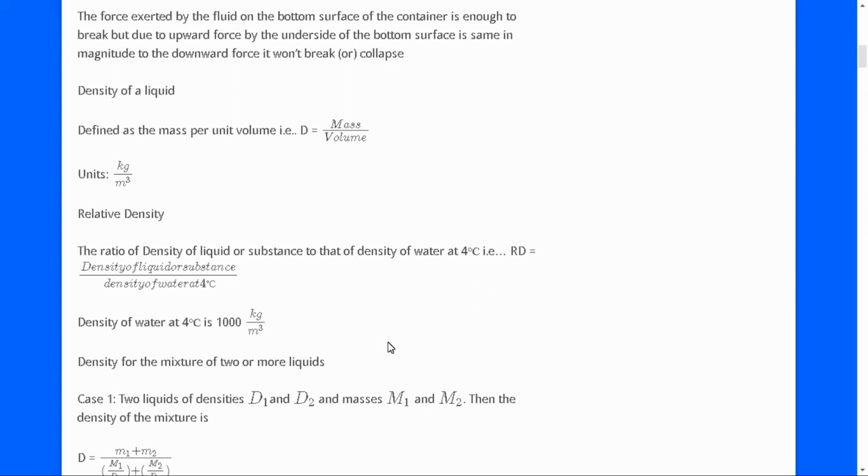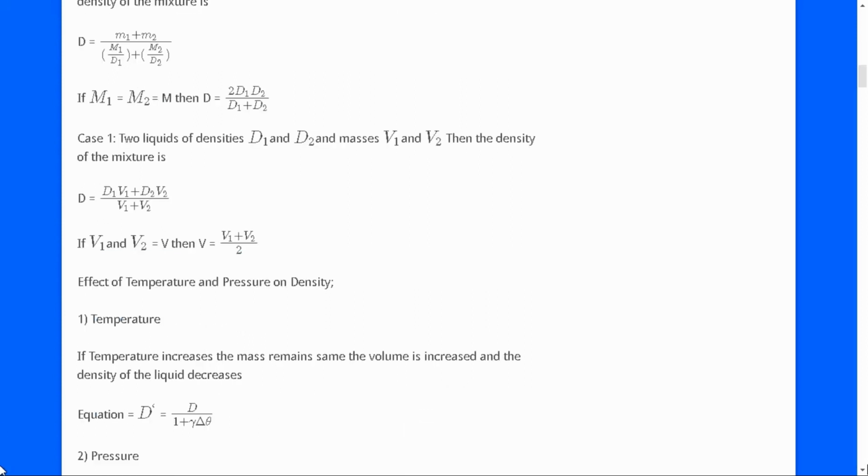Now we have a case in which two or more liquids are mixed. First case: two liquids of densities D1 and D2 and masses M1 and M2 are mixed, but the volume is not given, so we want to find the density.